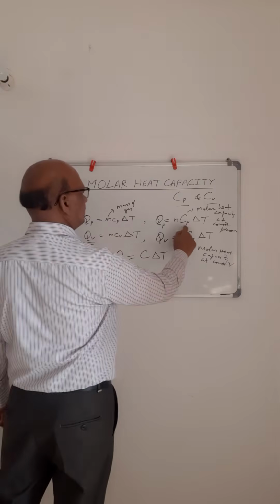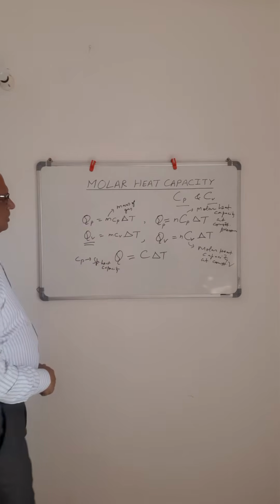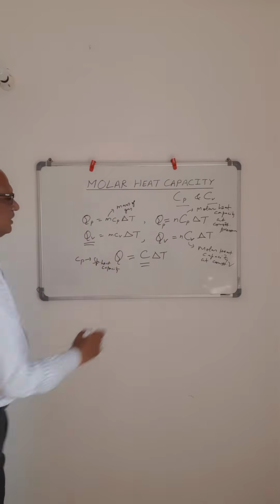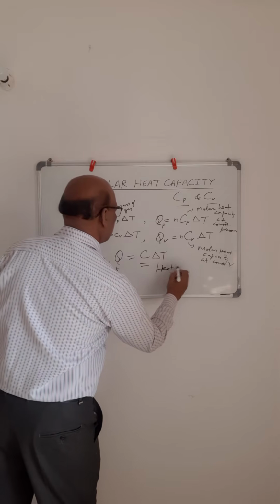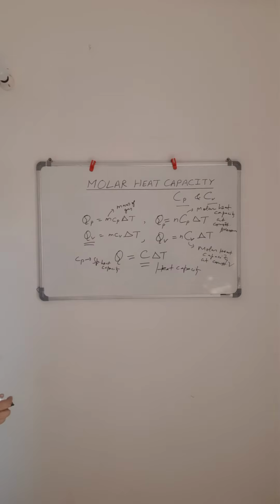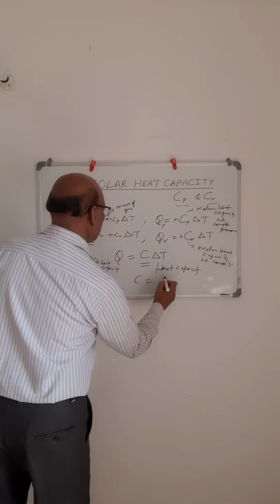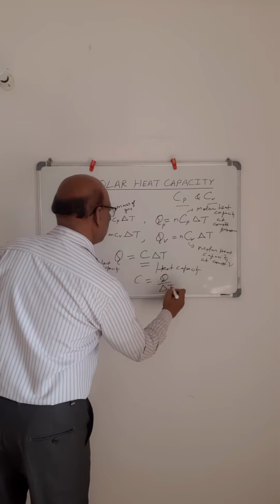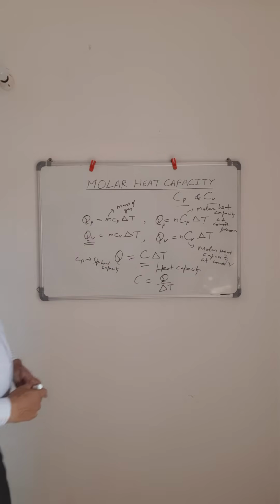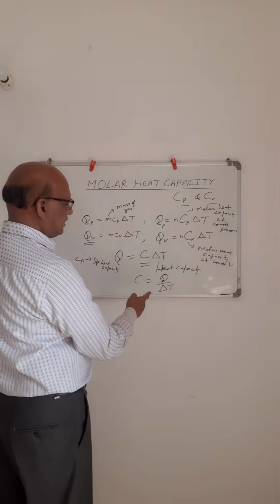Okay, so we have written these four terms. So this is called the specific heat, that small cp, and this capital Cp is called the molar heat capacity. And this capital C, what is this? This is called heat capacity of a system or of a gas. तो अब इसमें डिफरेंस क्या है? मान लो मैं capital C को क्या लिख सकता हूँ, Q upon delta T. So we can say that this heat capacity of a gas is nothing but the heat required to raise the temperature of the gas by 1 degree Celsius.